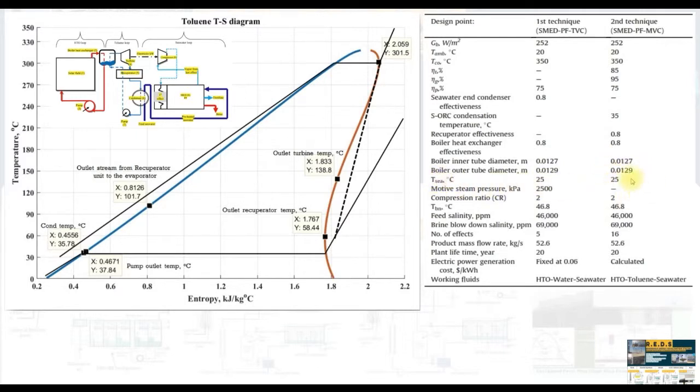Seawater temperature is around 25, compression ratio is 2. This is thermal vapor and this is mechanical vapor compression. And this is feed salinity, brine blow down salinity, number of effects, which we can increase, and mass flow rate of the productivity stream, plant life, and some calculated units.